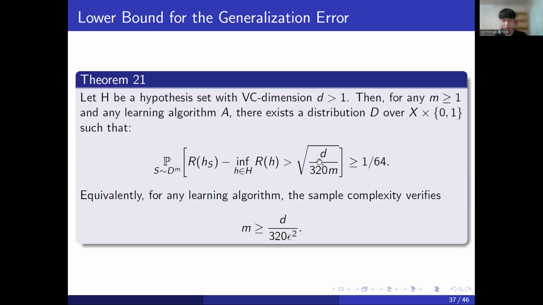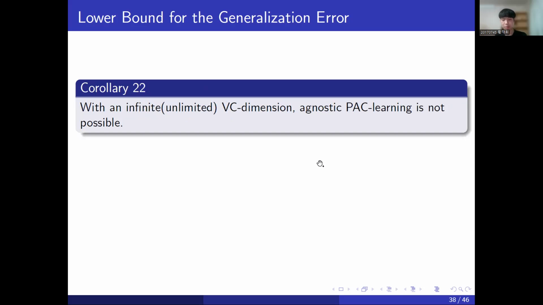So I explained this more precisely. From the previous theorem, we immediately get this corollary, which is the main purpose of this presentation: with an infinite VC dimension, agnostic PAC learning is not possible.